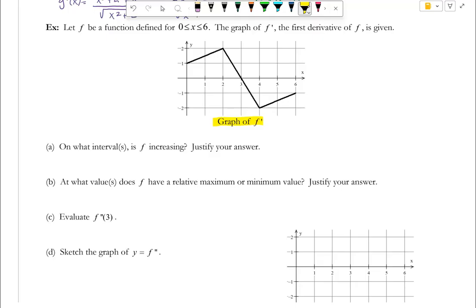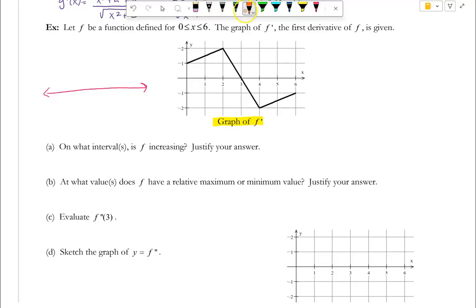Okay, so part A of this example, we are asked on what intervals is f increasing. And while this is optional, I will tell you it helps me a lot to still think of the same number line we've been drawing. So I know that I want to think about any spot on my number line where my derivative f prime is either non-existent or equal to 0.